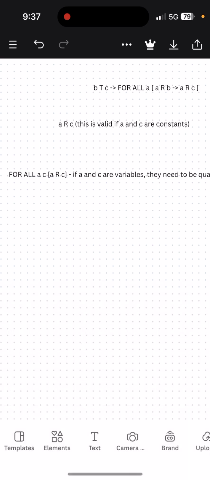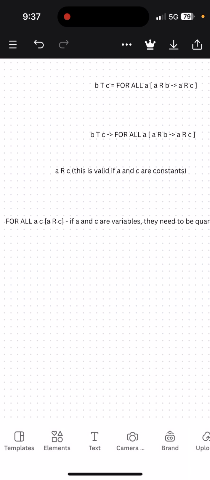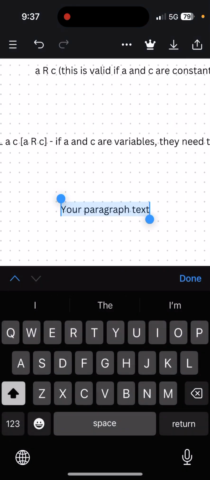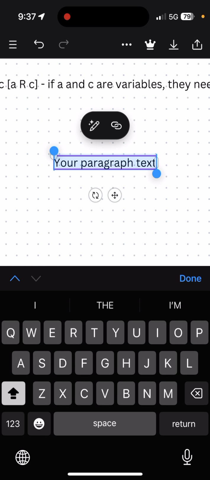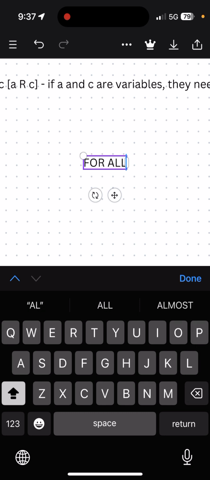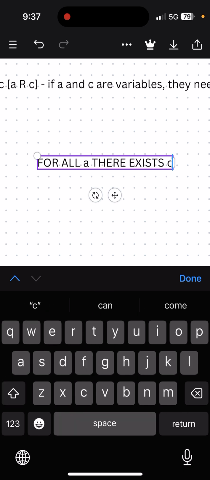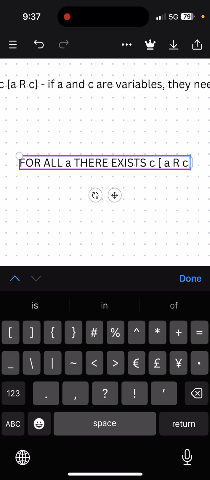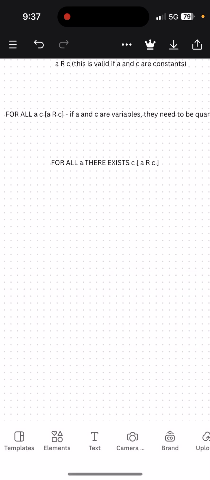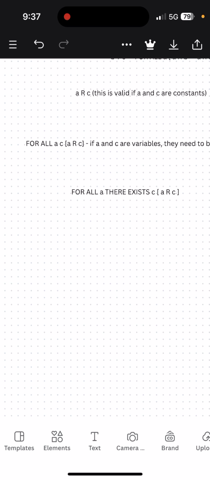Okay, let's go on. Consider some other options. Here are more interesting ones. For all A, there exists C such that ARC. Now that is actually the definition of left total for a function. That's really cool.